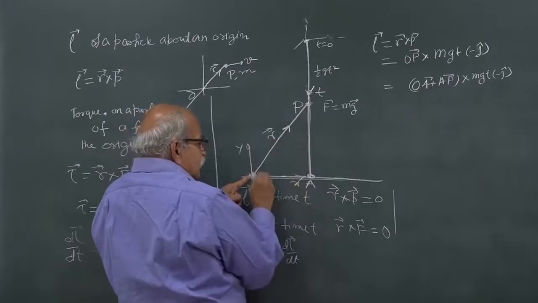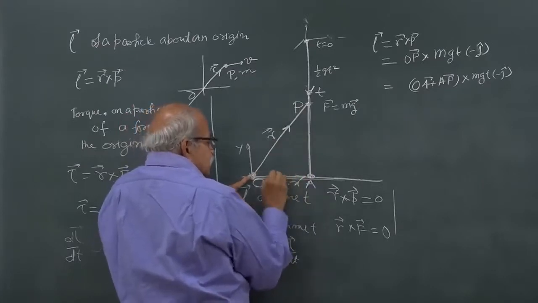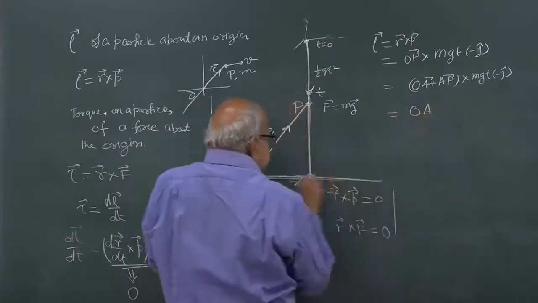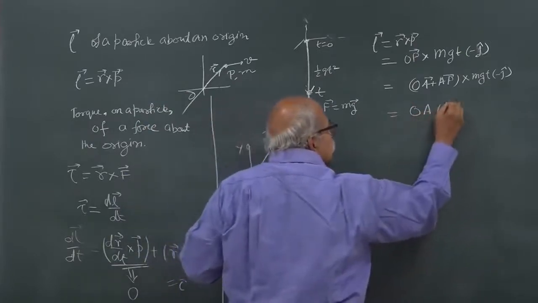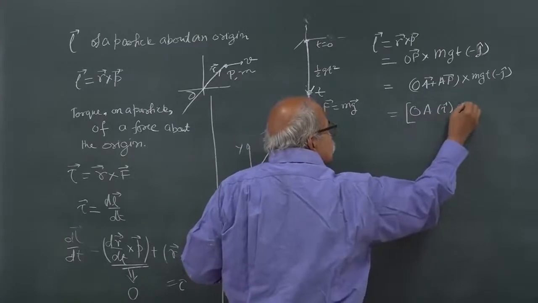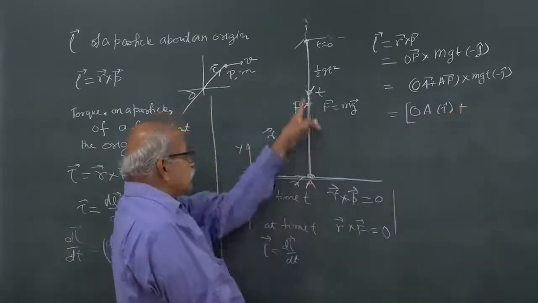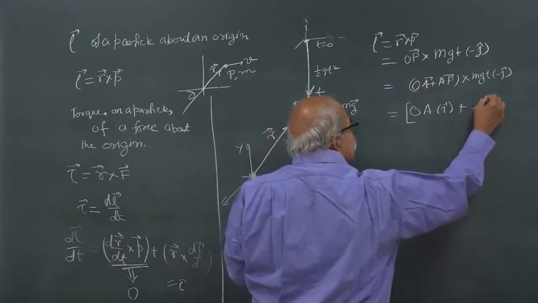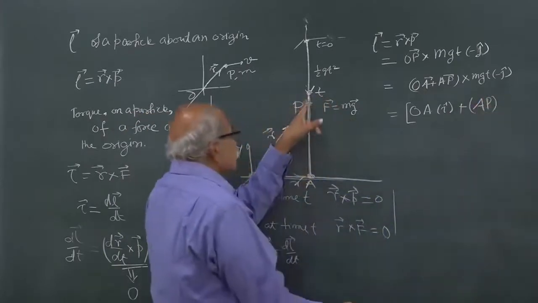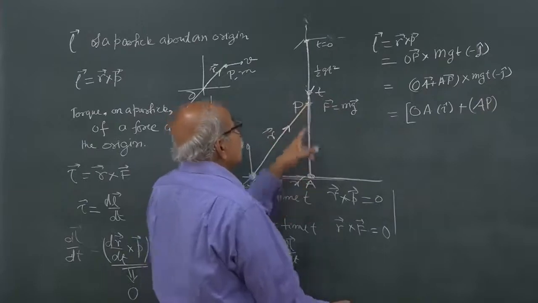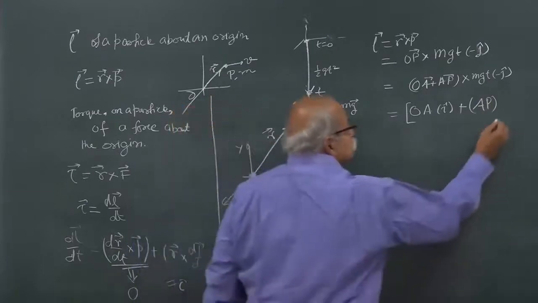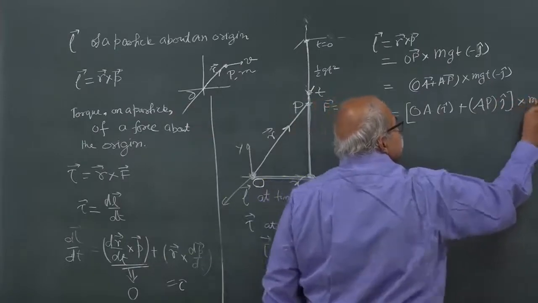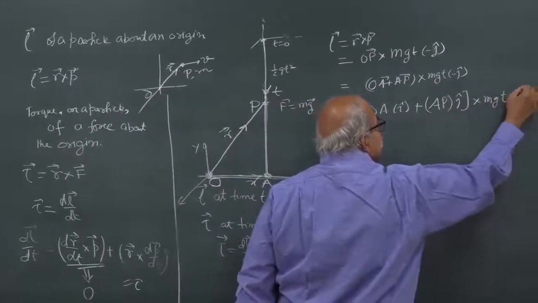OA is some distance, so this is OA times i cap, plus AP times j cap, and cross m g t minus j cap.